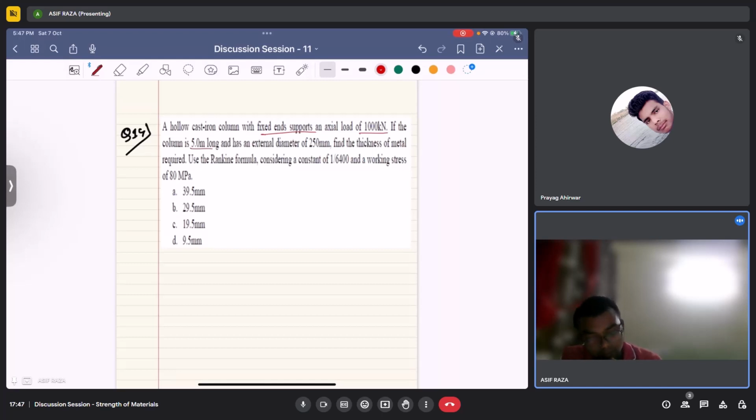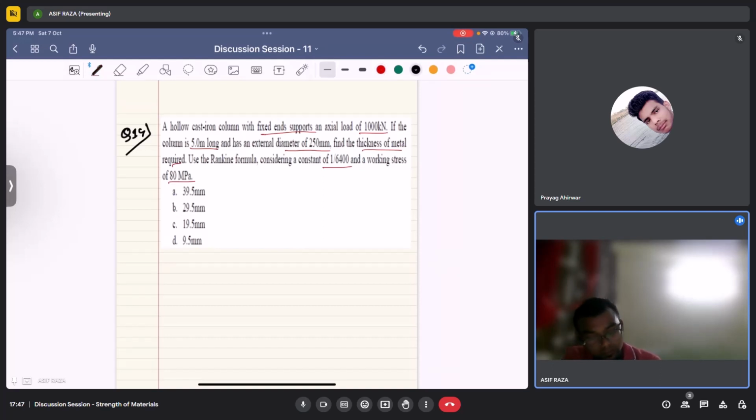If the column is 5 meter long and has an external diameter of 250 mm, find the thickness of metal required. Use the Rankine formula considering a constant of 1 upon 6400 and a working stress of 80 megapascal.